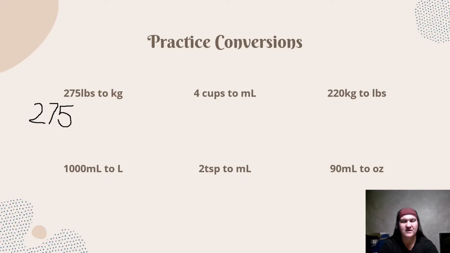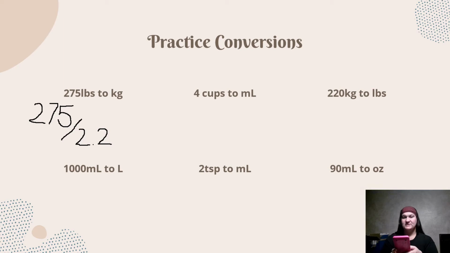275. So if 1 kilogram is equal to 2.2 pounds, what do we have to do? Well, we have to divide. 275 divided by 2.2. I don't have my handy dandy trusty calculator, my old one. So I have my new, old one.